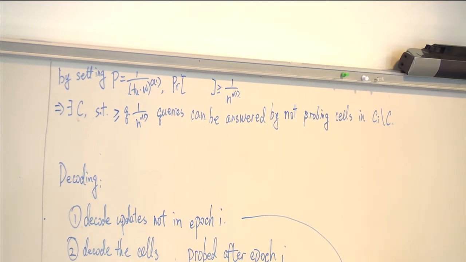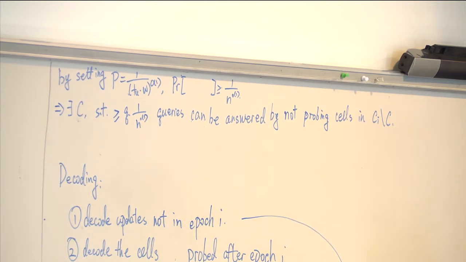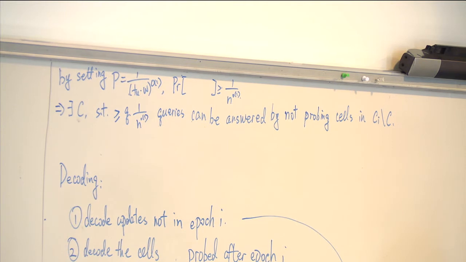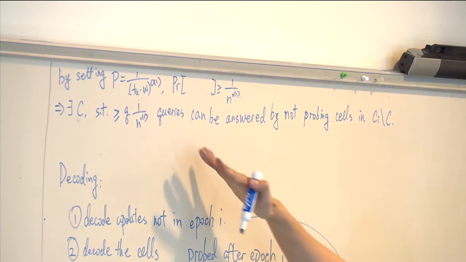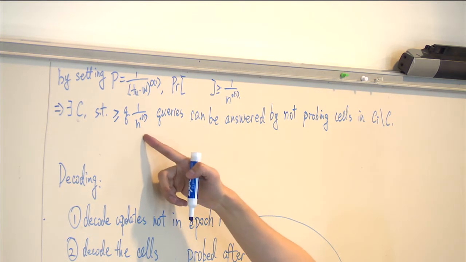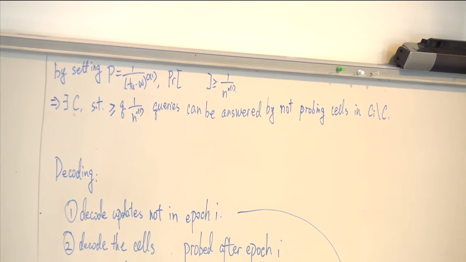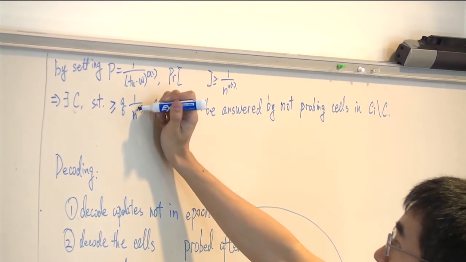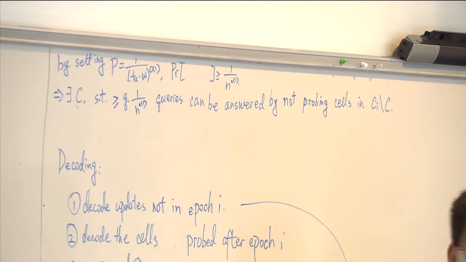So we sample a p fraction set of cells, and then with some probability, if the query time is low, a query can be answered by not looking at the unsampled cells. Then by linearity of expectation for a random set, the expected number of queries that can still be answered is Q times this probability, 1 over n to the little o of 1.